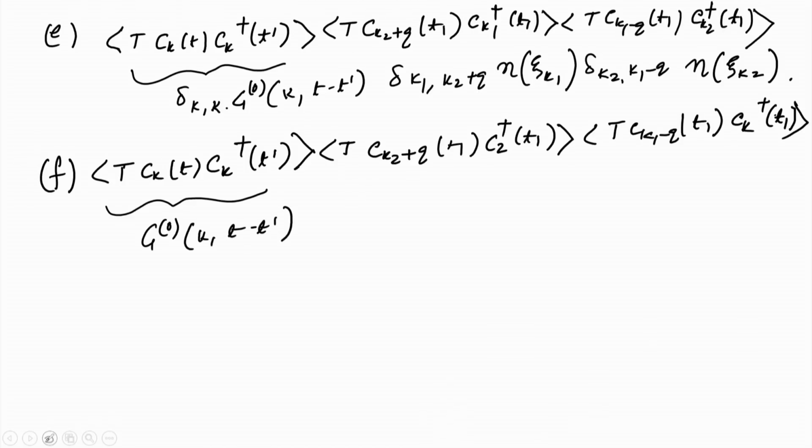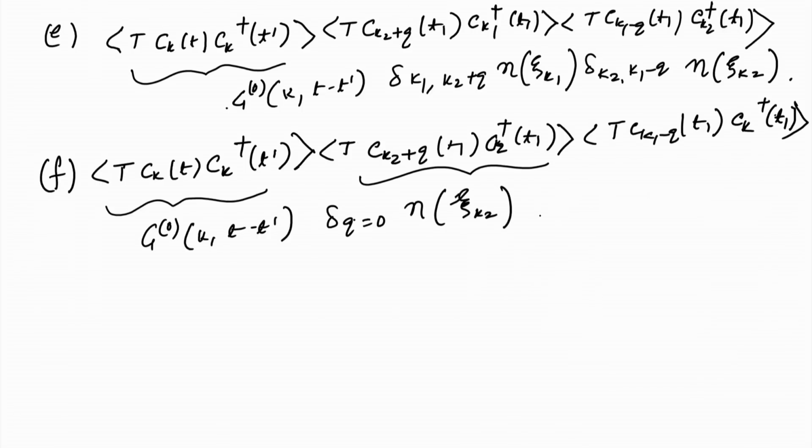There is nothing to write here. So, let me erase this part and write this one has to be written as a delta, this is k 2. So, this is equal to q equal to 0 and a k 2, and similarly this one is also delta q equal to 0 xi k 1 and so on.